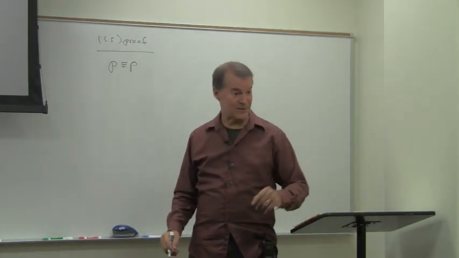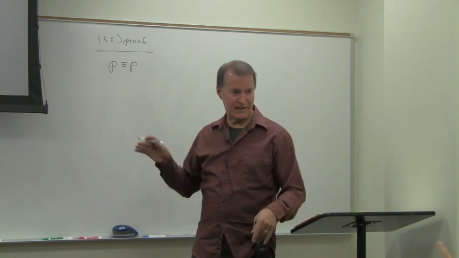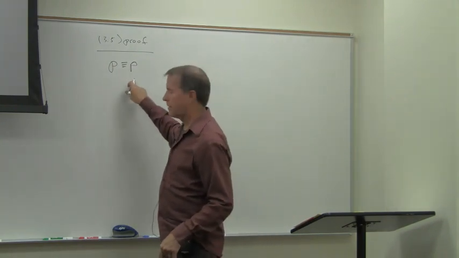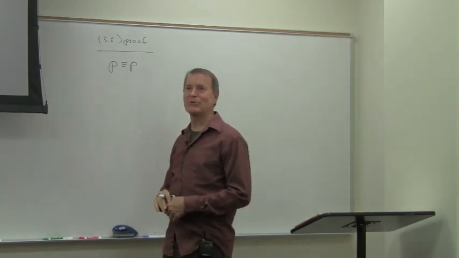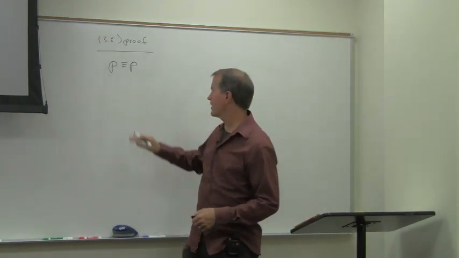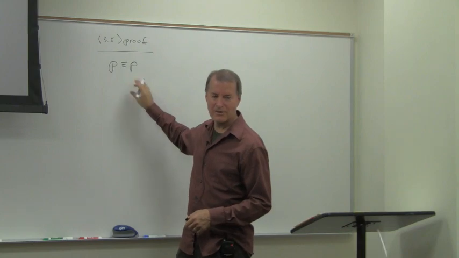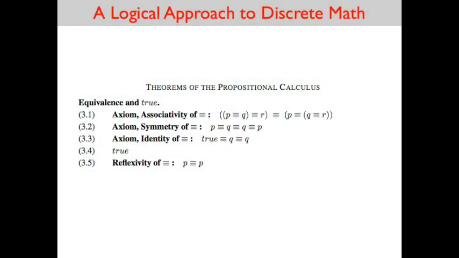The second P equals Q equals P from 3.2. Oh, actually, there is a shorter way to do it, I think. You were going to take the second P and replace it with Q equals P. That's one step, it works.